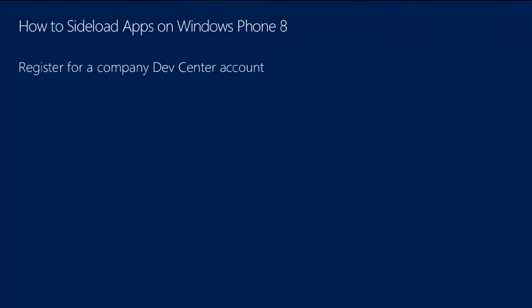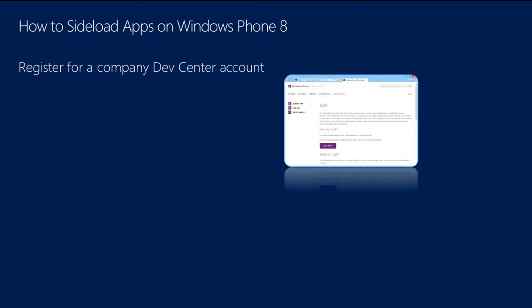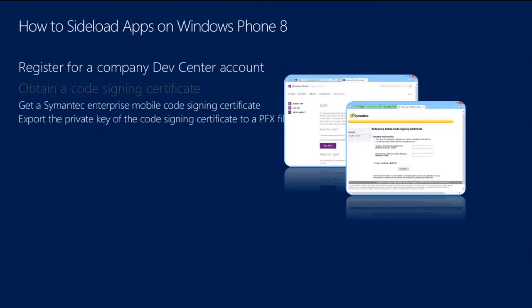On Windows Phone 8, this slide goes over the process again. You can sign up for a developer account using Dev Center. The next step is obtaining a code signing certificate. For Windows Phone 8, this has to be Symantec. That's the only type of certificate that the platform supports.